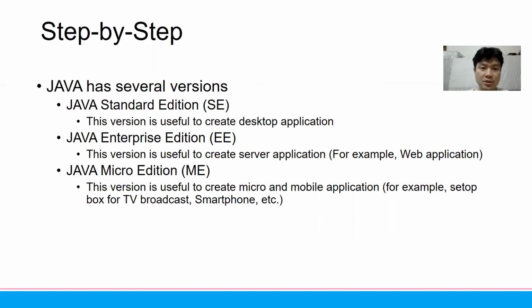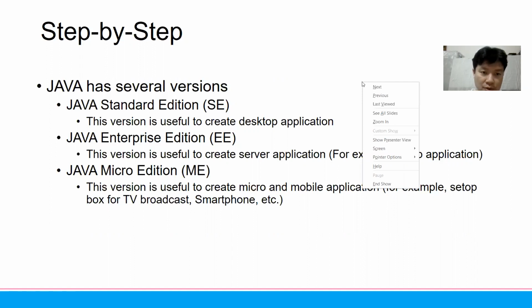The first is the Standard Edition, or Java SE. It is very useful to create your desktop application. The other edition is Java Enterprise Edition. This version is useful to create server applications. Let's say if you want to make a web application, then Java EE will be good for you.